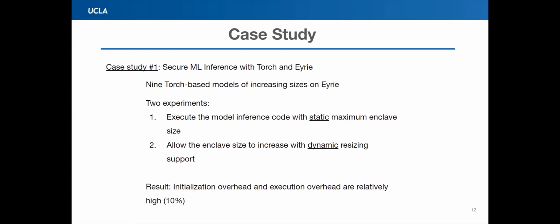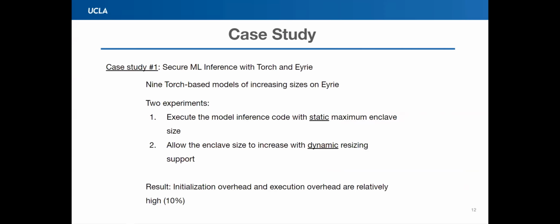Let's move to the case study part of the evaluation. The first case is about secure machine learning inference with Torch and the runtime. Torch is an open source machine learning library and a scripting language based on the Lua programming language. It includes a wide range of algorithms for deep learning.